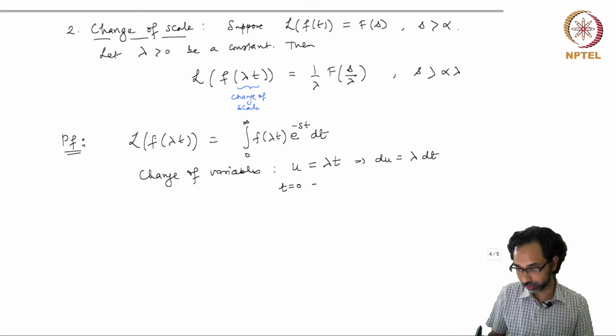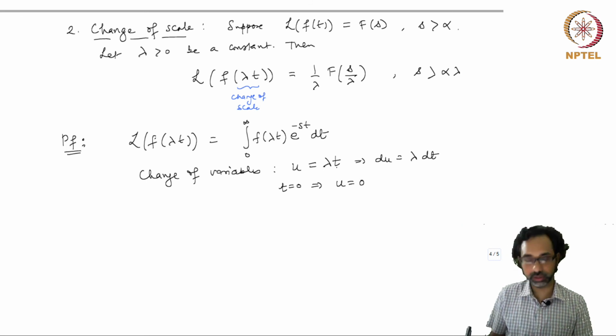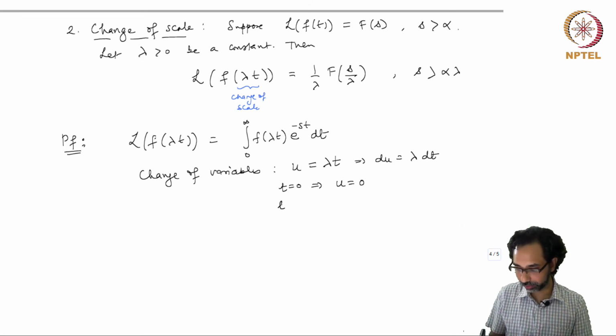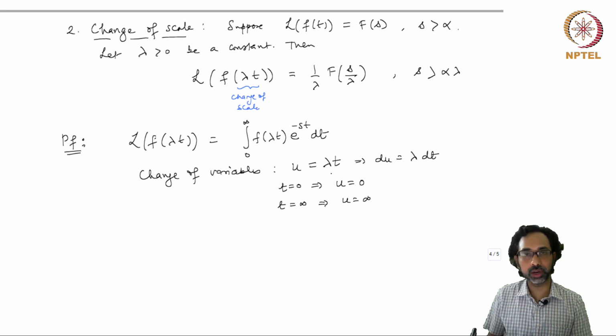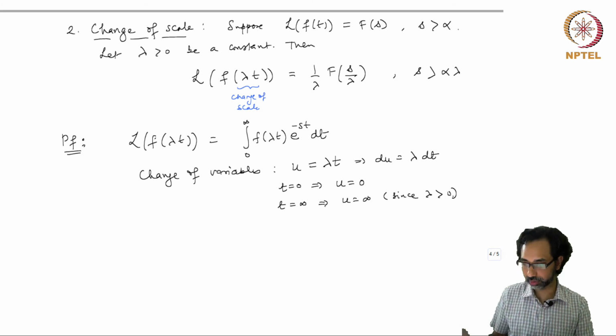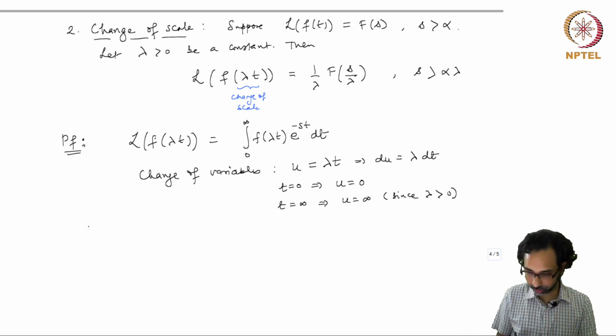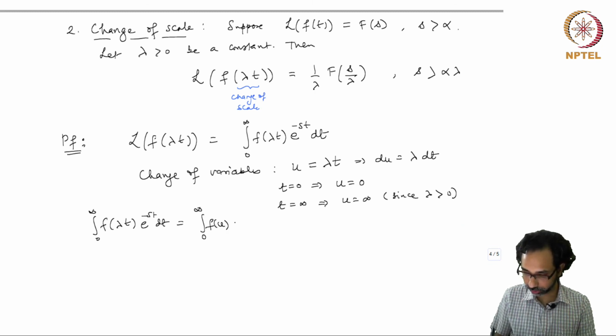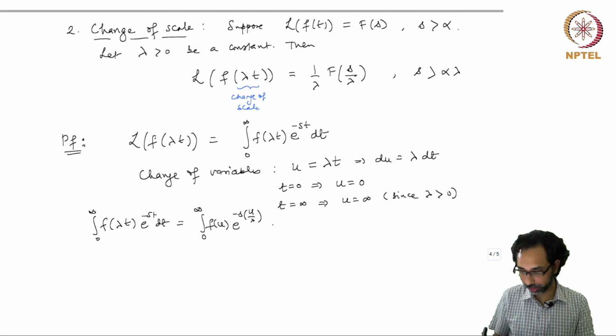If t equals 0, this implies that u equals 0 because it's just lambda times t, and when t equals infinity, u is also equal to infinity because we have assumed lambda to be a positive constant. So then our integral becomes the integral from 0 to infinity of f of u exponential minus s, now t is given by u by lambda, and dt is given by du over lambda.